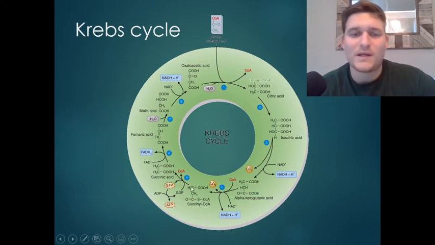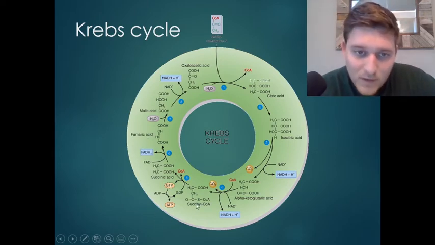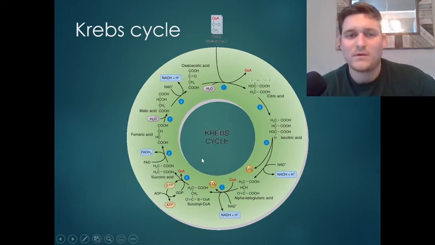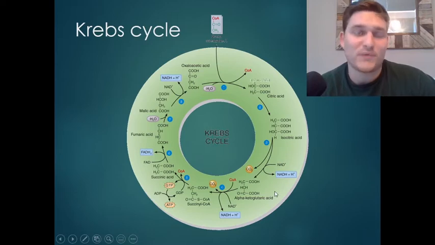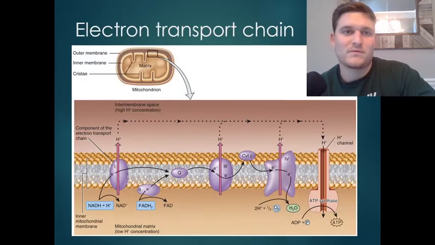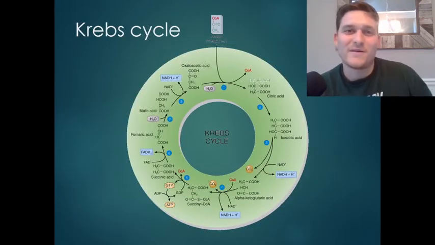And then also we get 1 ATP molecule per acetyl-CoA on step 5. So the grand total, 6 NADHs plus H's, 2 FADH2s, and then 2 ATPs are what we're going to get from our original glucose molecule being converted to acetyl-CoA and then going through the Krebs cycle.